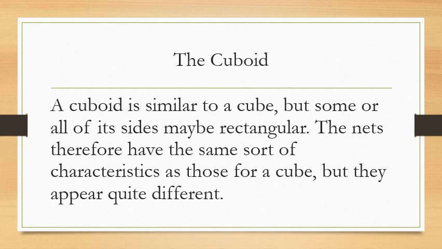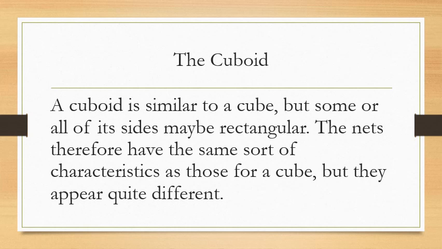We learned that the cube has square faces, but the cuboid has rectangular faces. The nets therefore have the same sort of characteristics as those of a cube, but they appear quite different.